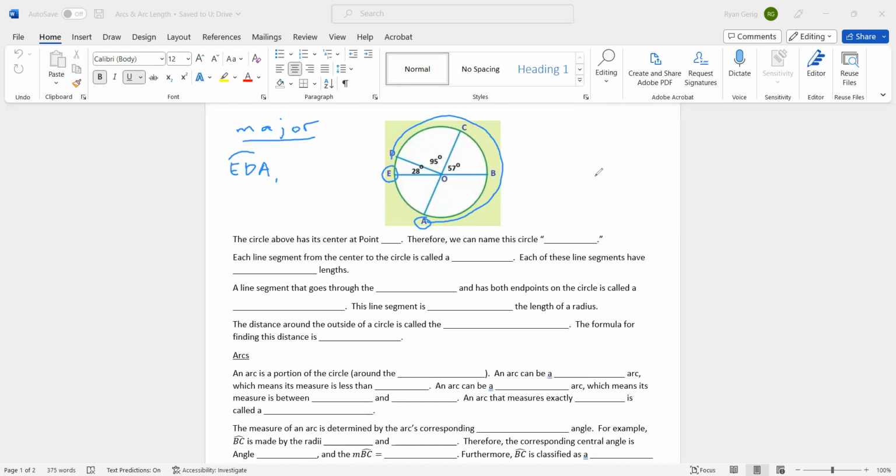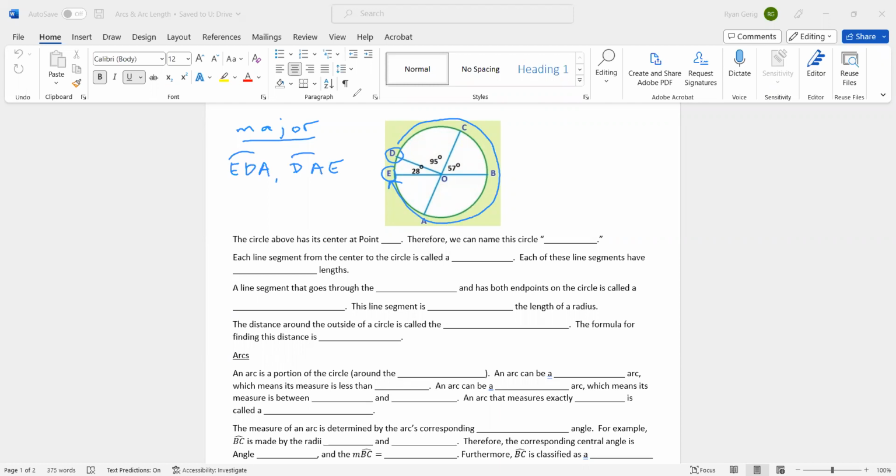Another major arc. So I'm not going to start at E this time. Let's start at D. I could go all the way around this circle and stop at E. So arc D, A, E is another major arc. And then again, there's lots of them here.